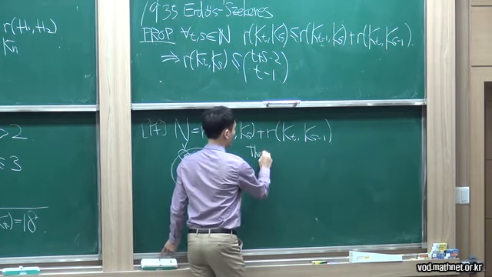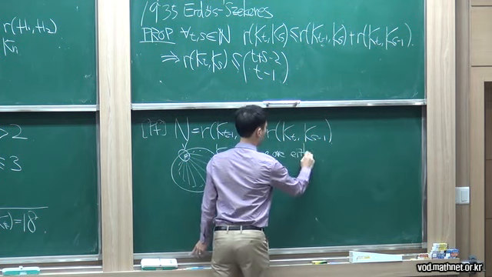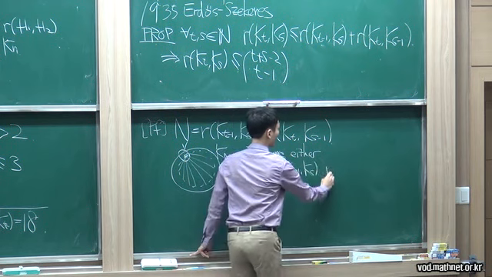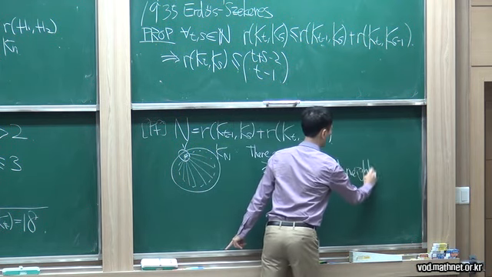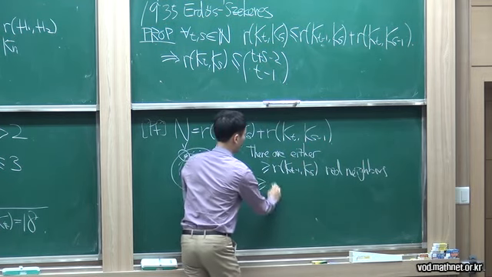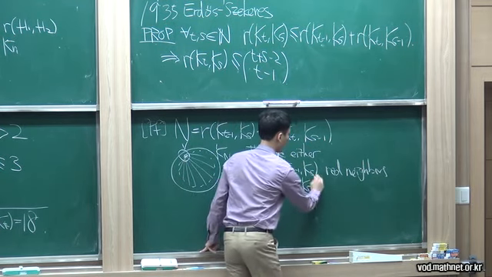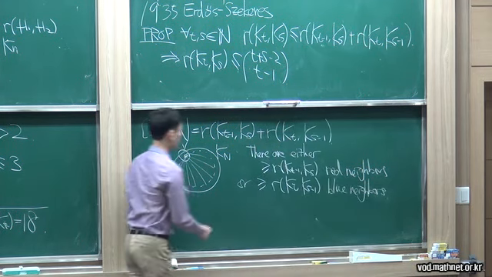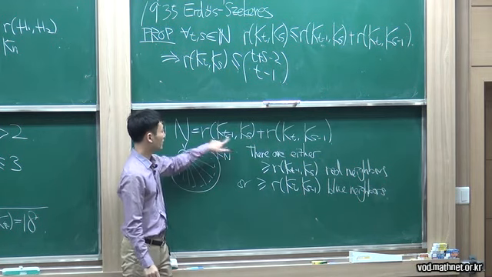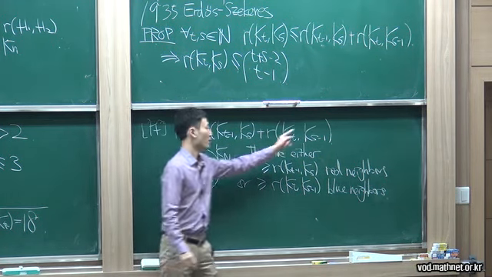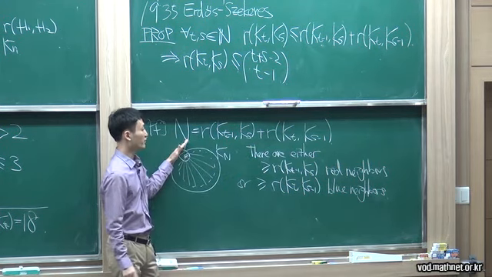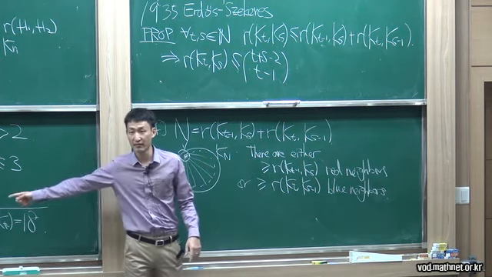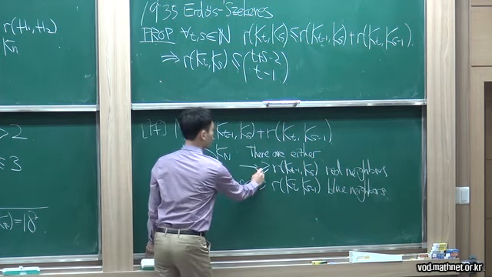So there are either at least R(K_{t-1}, K_s) red neighbors, or at least R(K_t, K_{s-1}) blue neighbors, simply because the number of neighbors of v is exactly R(K_{t-1}, K_s) plus R(K_t, K_{s-1}), because we're excluding one vertex, so one of these must hold. Depending on which one holds, something like that will happen. So let me just assume that the first case holds.